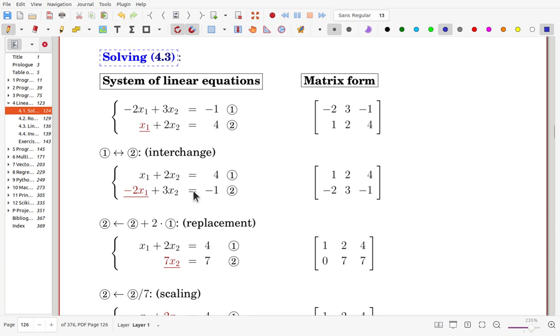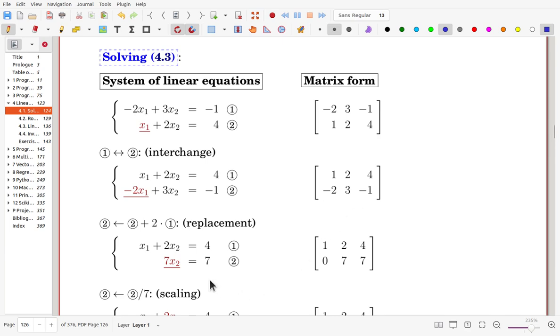Now if we interchange the rows, then from here we can get it. Similarly, we interchange the rows of the coefficients, the information, then we can get that one. Now this matrix is representing this system 1, 2, 4, -2, 3, -1, right?